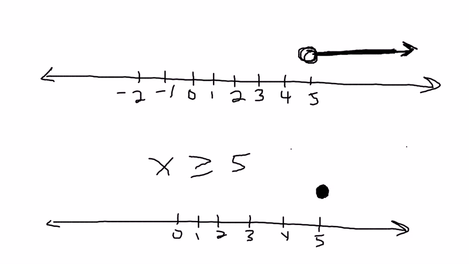The closed circle tells us that 5 is included in part of the solution, right? Because in this case, x is greater than or equal to 5, which means x can be 5 or bigger, right? And then once again, we will shade, or we will extend our arrow to the right.